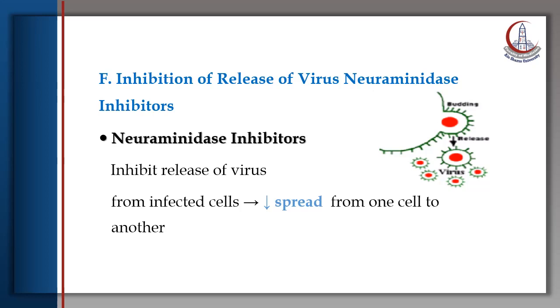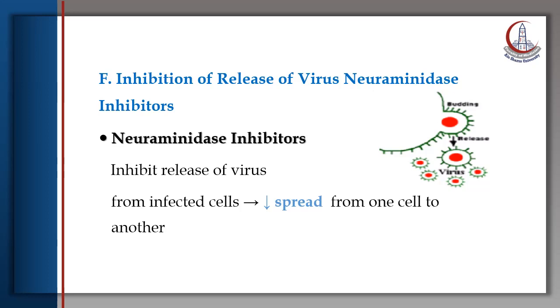The last example for antiviral drugs is the inhibition of the release of the virus by neuraminidase inhibitors. Neuraminidase enzyme is an important enzyme in the influenza viruses, important for the release of the virus from the host cell.